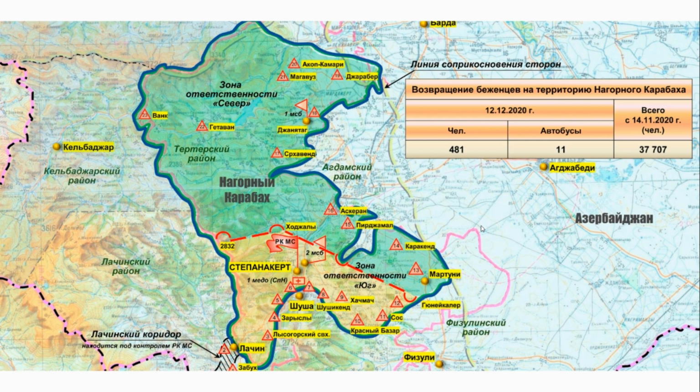This map is 2020, after the Second Karabakh War, and you can see here 37,000 people who, after the war, left this territory and went to Armenia. And they came back on November 14, 2020.